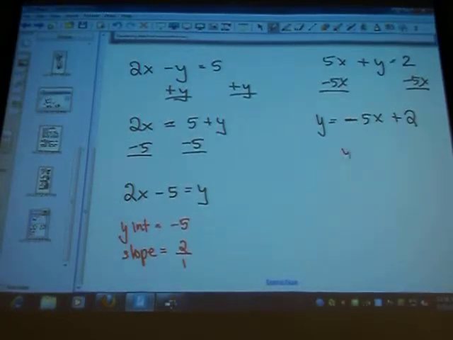So there my y-intercept is 2, and my slope is -5/1.